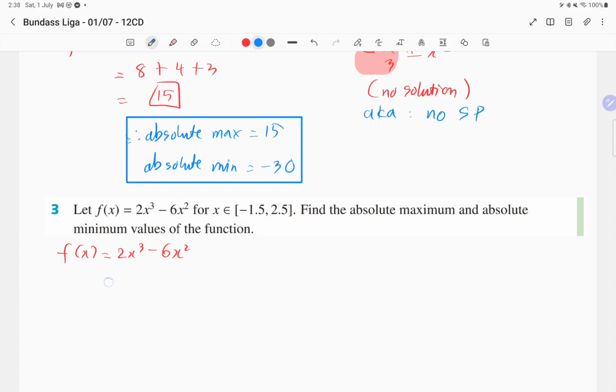So for question 3, make sure you factorize it first. It will make it a lot easier to calculate the values later.